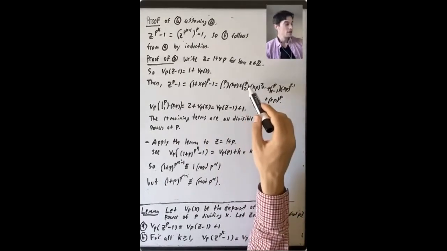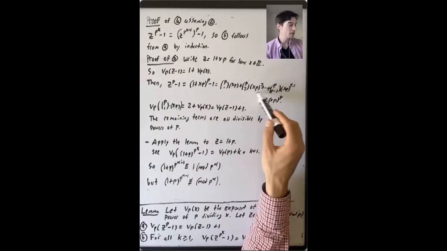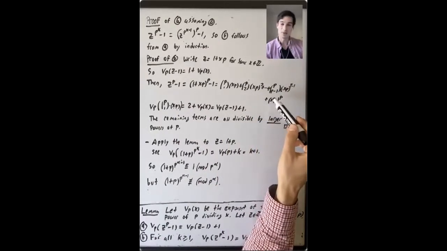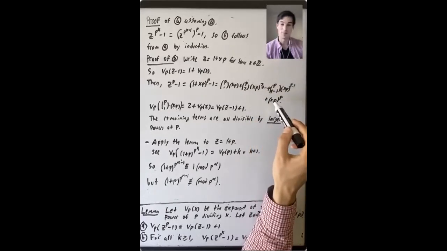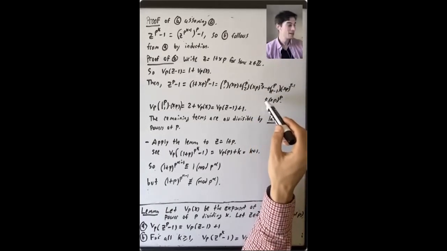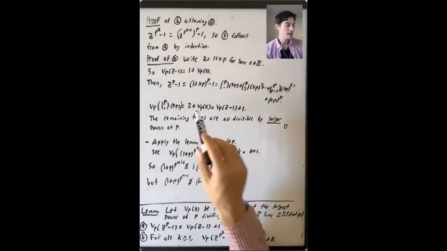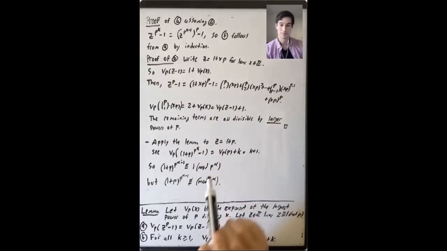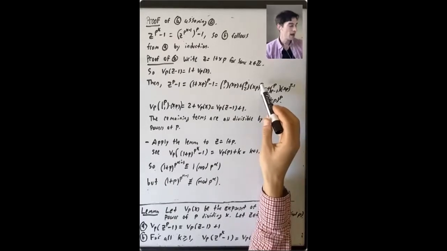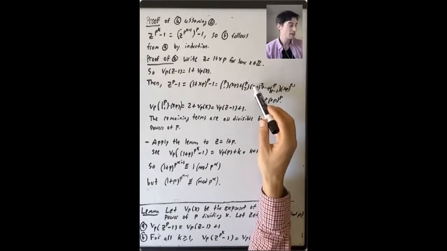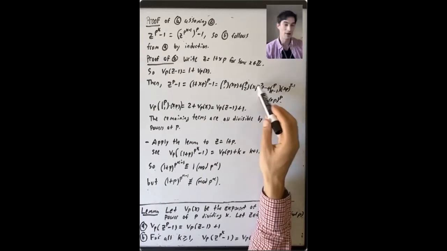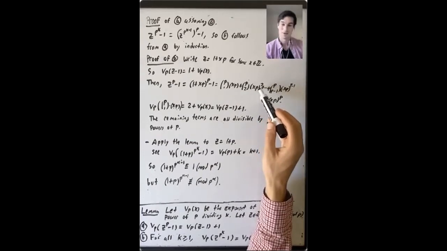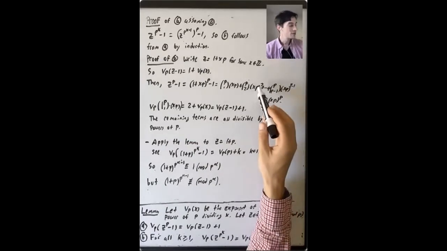Okay, so now we'll see that the remaining terms are all divisible by higher powers of p. That the number of powers of p dividing every other remaining term is more than 2 plus vp of x. And okay, so we have a factor of x squared at least, and a factor of p squared at least in each of these. So we get at least a 2 from the power of p. We get at least 2 vp of x from the power of x.